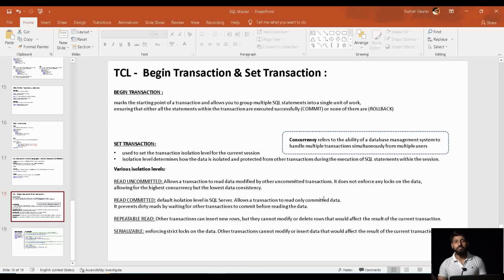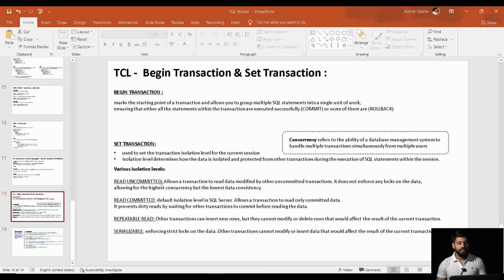That means other users will only be able to read the committed data. In read uncommitted, the other users can read uncommitted data as well. So we will go one by one through what all the rules are and to what extent each rule can be applied to your particular transaction.